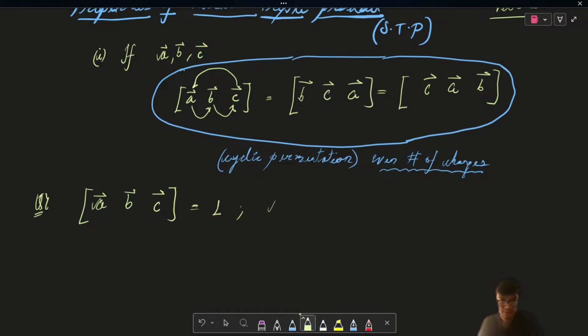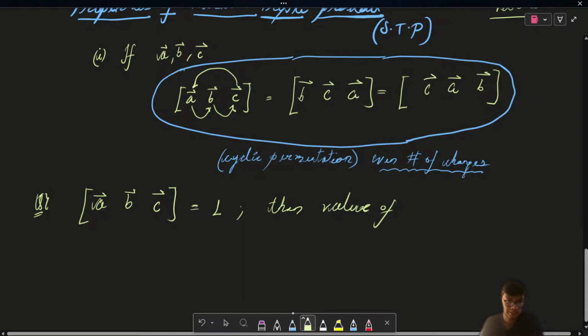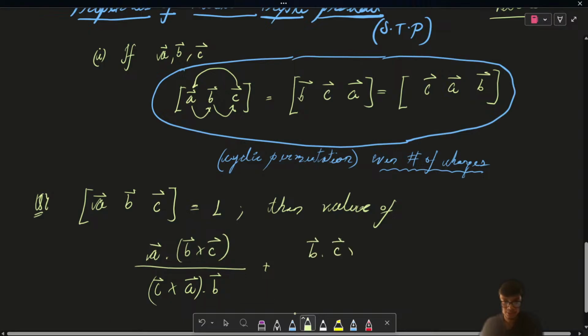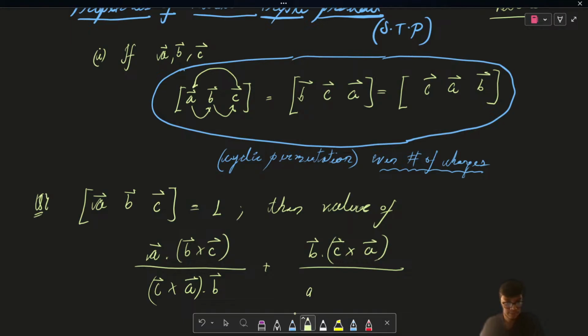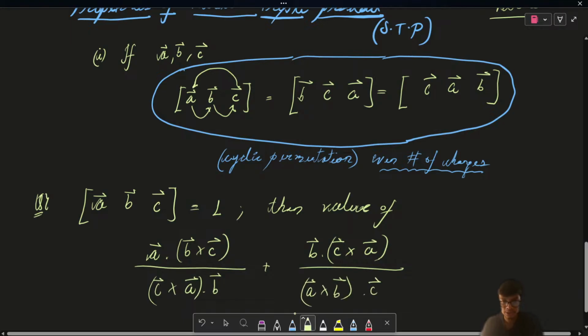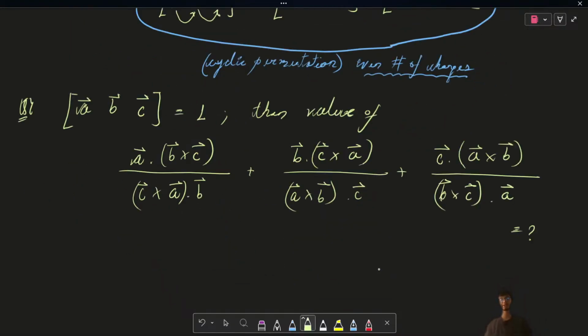Then you have to find the value of this particular result, that is, A dot B cross C divided by C cross A dot B, plus B dot C cross A divided by A cross B dot C, plus try to find out the result of this particular value.